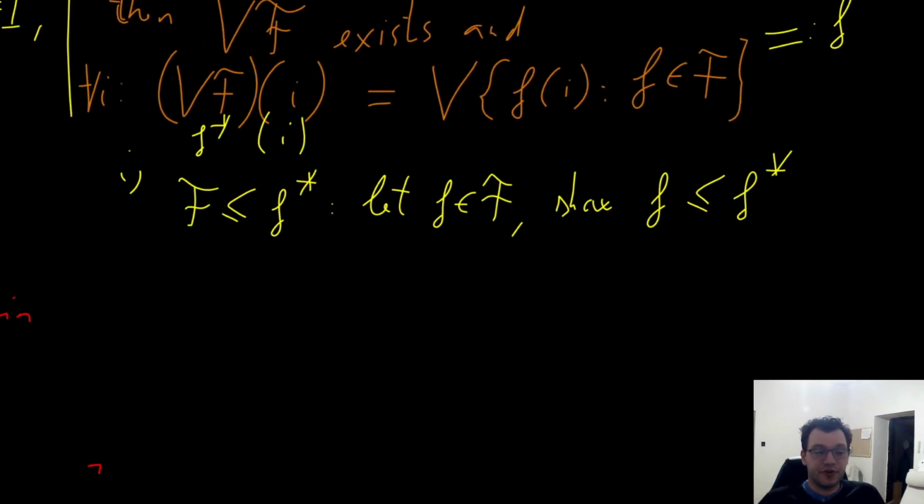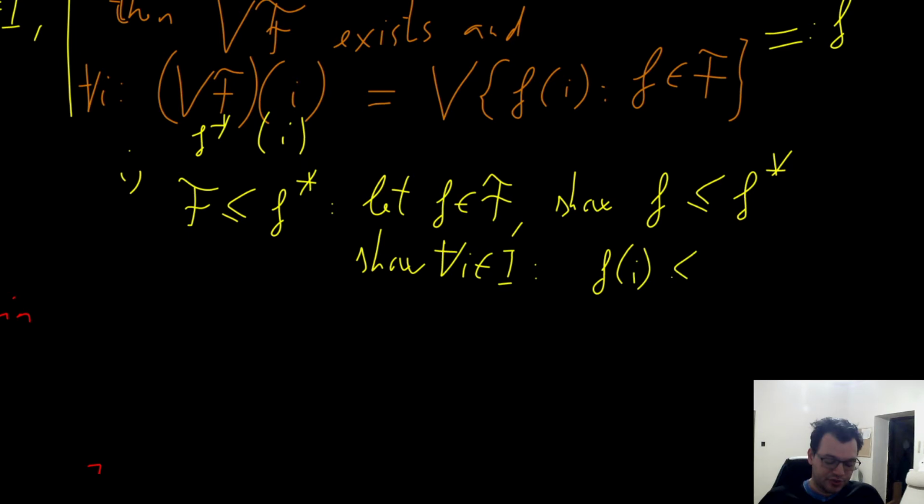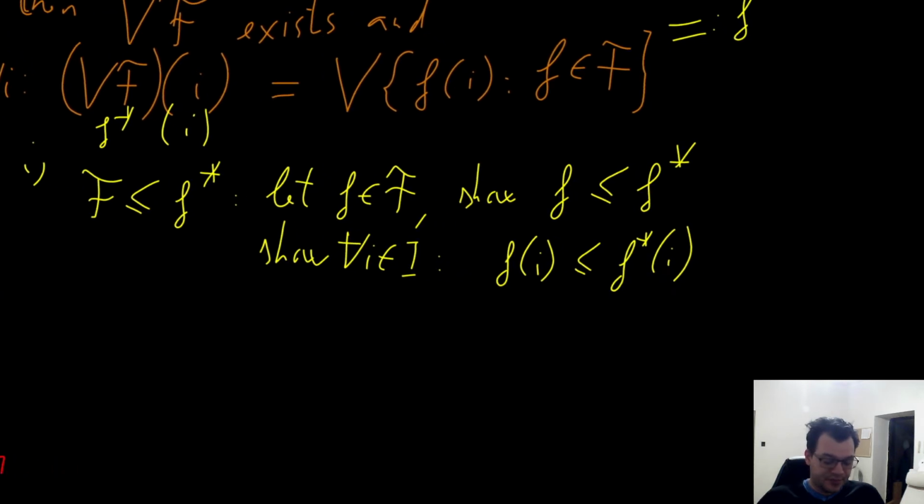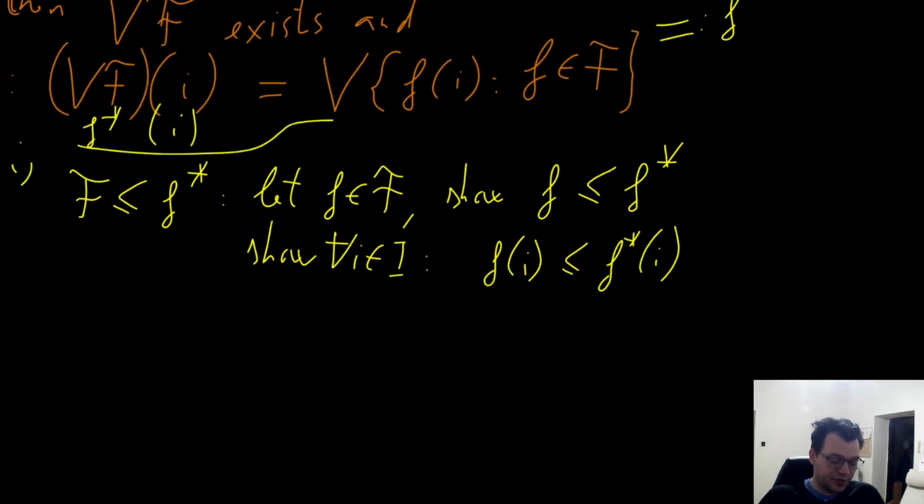Now these are functions. When are these two functions comparable in this direction? If they are comparable in this direction for each of the coordinates. So we have to show that for each index i, the f of i is smaller than or equal to f star of i. But this f star of i is just defined, and here we can apply the definition.